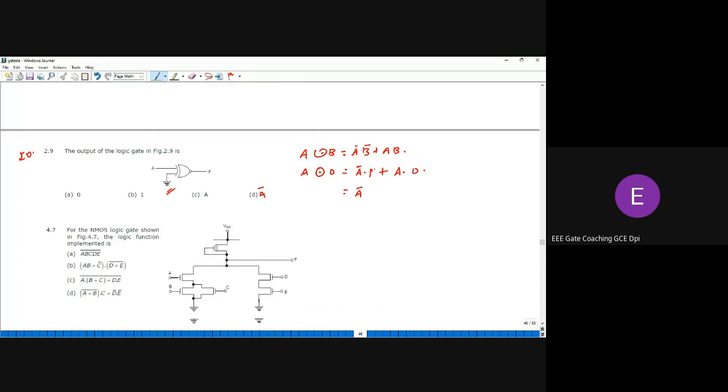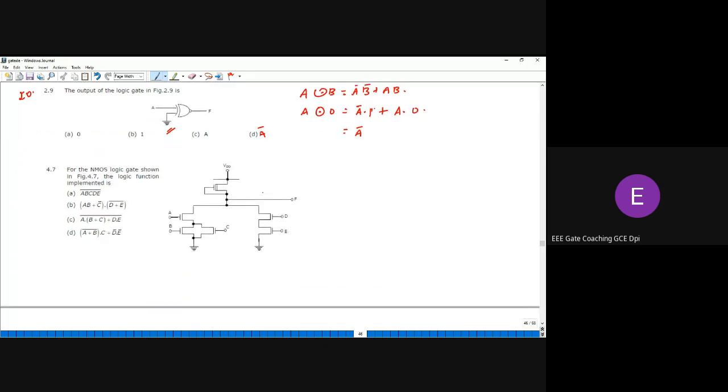Okay. Next problem 21. So this is the output. I already told you, if the two transistors are in parallel it means it's an OR gate.